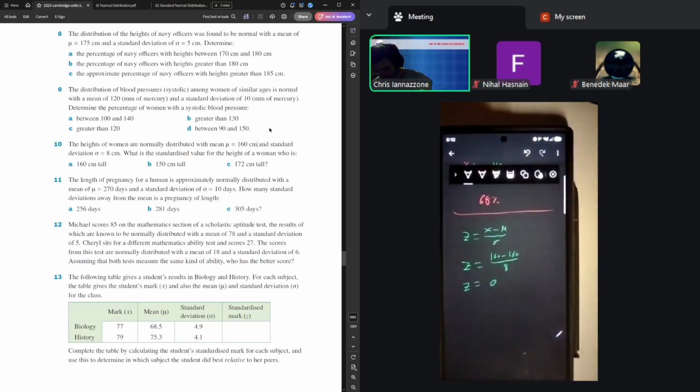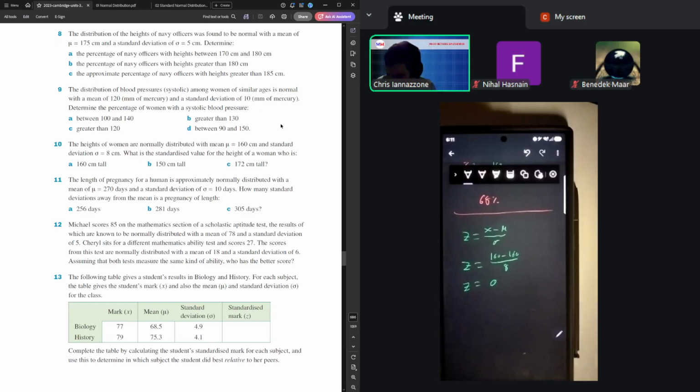So if it's tech free, you can usually do this intuitively, just by sort of looking and counting how many standard deviations right or left you are. It's where you get weirder numbers like 150 that you can't really do that all too well, because that's not a clean standard deviation to the left. If we're starting at 160 and the standard deviation is 8, that should get you to 152, whereas we want 150. That's where the equation starts to matter, if it's not a multiple of the standard deviation.